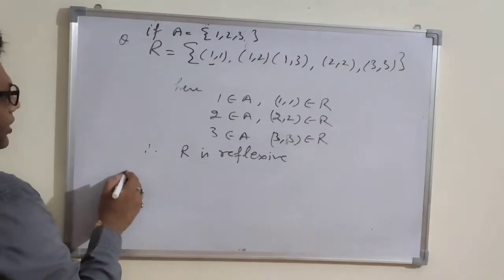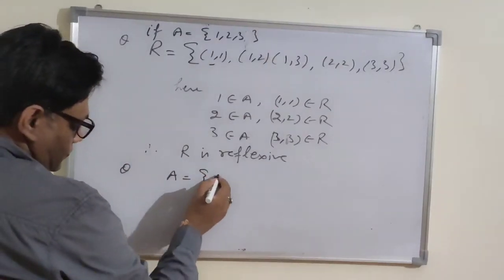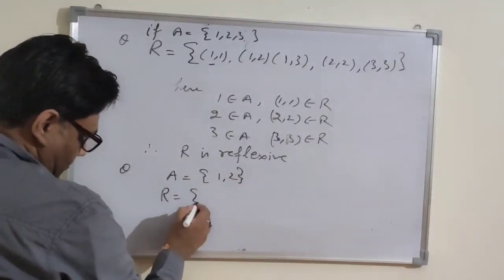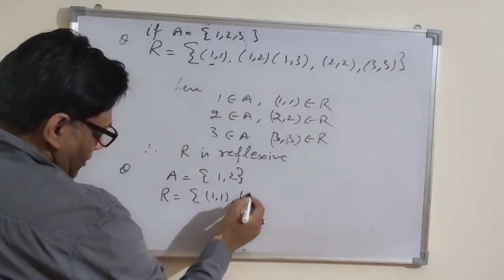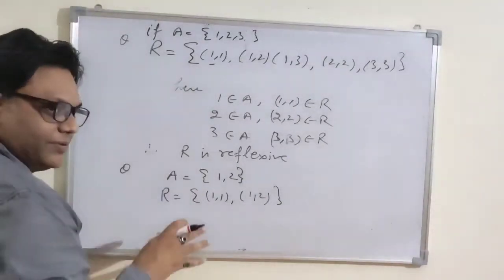Now, we take another example. If A equal to {1, 2} and R is {(1,1), (1,2)}. Now we have to check if it is reflexive or not.